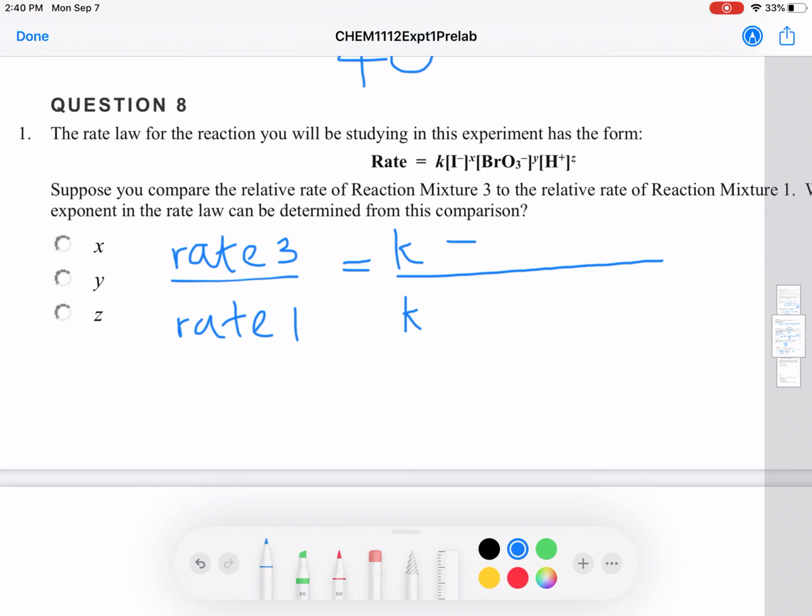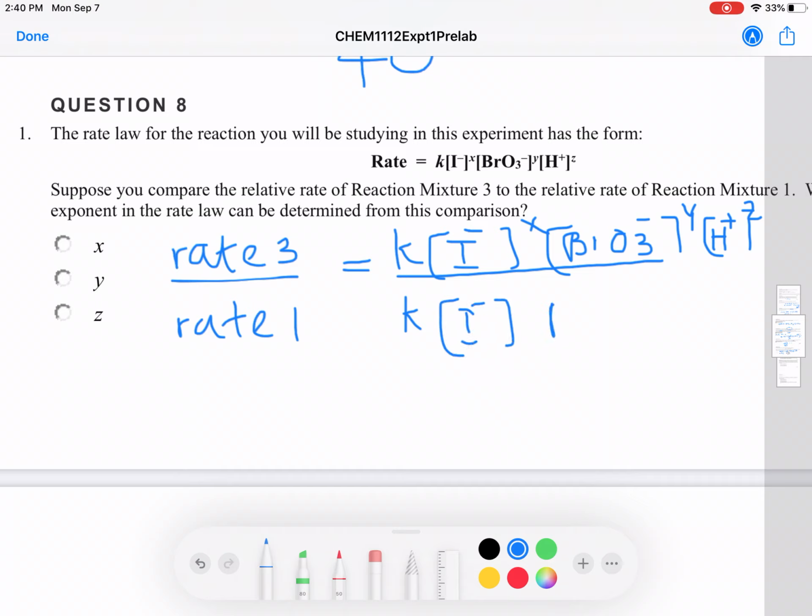So the first one: I minus to the x, BrO3 minus, that's going to be your y, and H plus going to be z. And then for rate 1 also we have I minus, BrO3, x, y, H plus z.